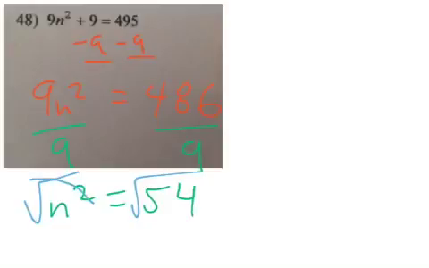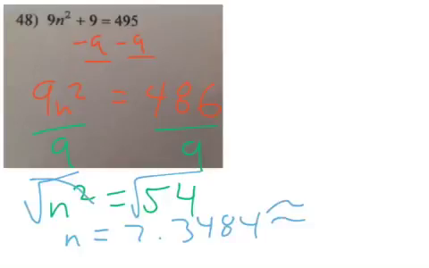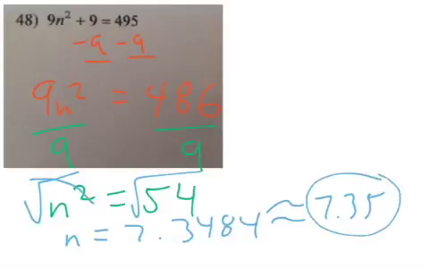So therefore, all I'm left with is n equal to the square root of 54. And the square root of 54 is 7.3484. So rounding it off, how about if we just say 7.35?